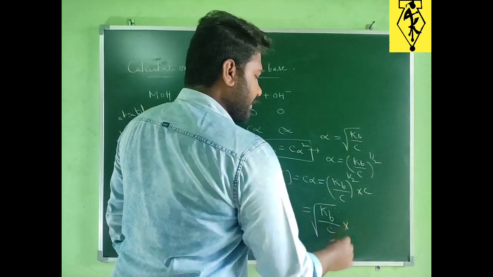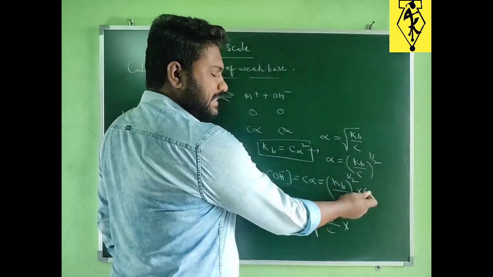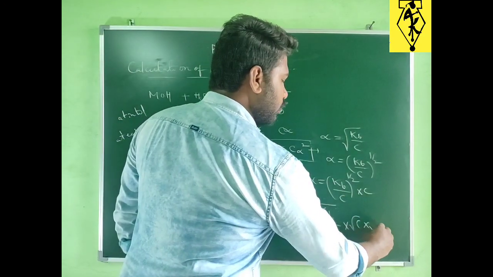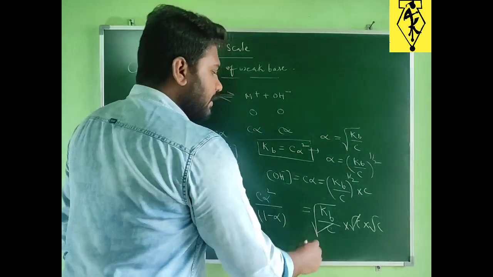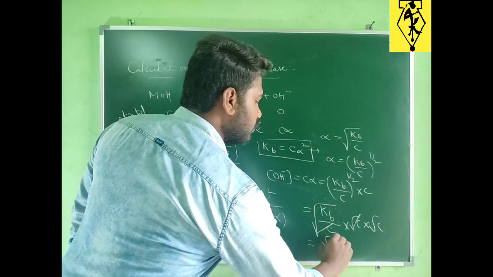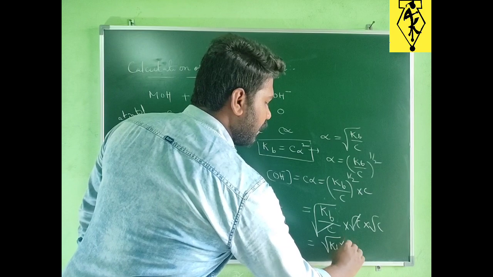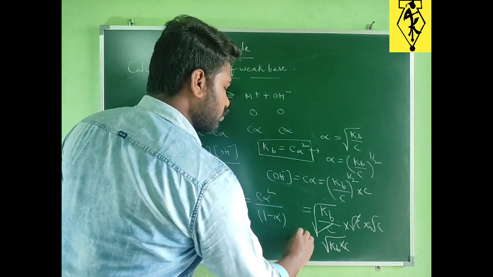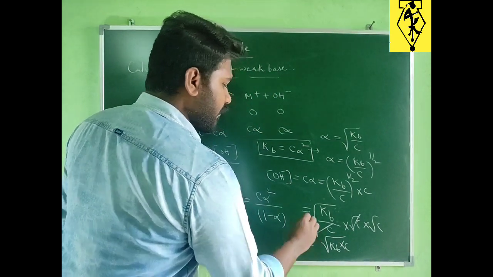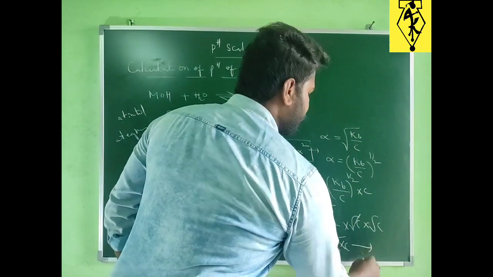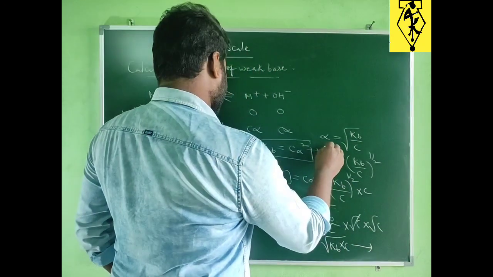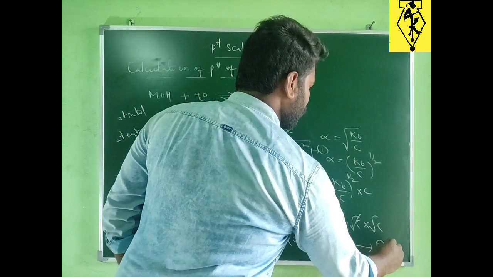It's easy to calculate, and I can write this C as square root of C into square root of C. Here square root of C will get cancelled, and finally we'll get square root of Kb into C. So this is equals to concentration of OH minus. So this is one more equation. We'll give this one as 1 and this one as 2.